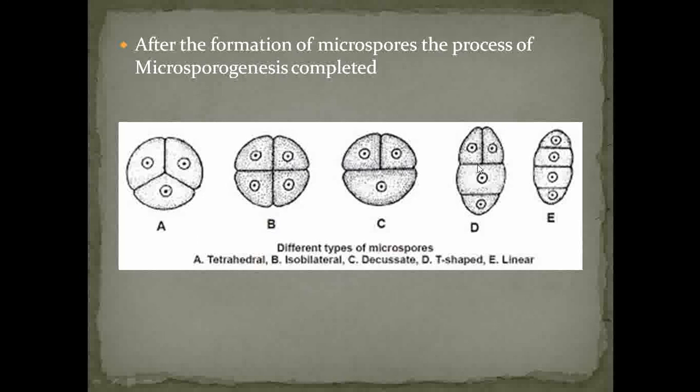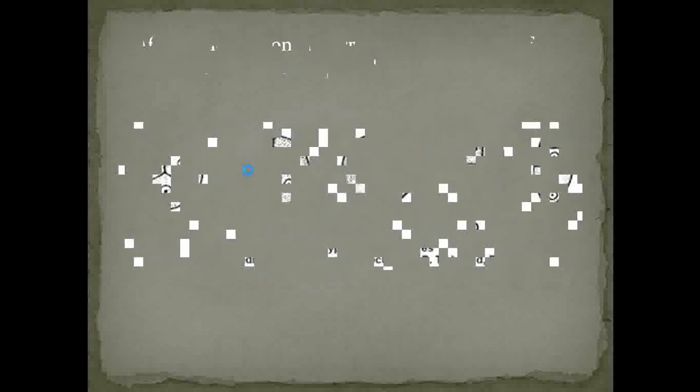This one is called T-shape, and this one is linear, in which the cells lie one above the other. So these are the different types of microspores which are developed after the process of microsporogenesis.